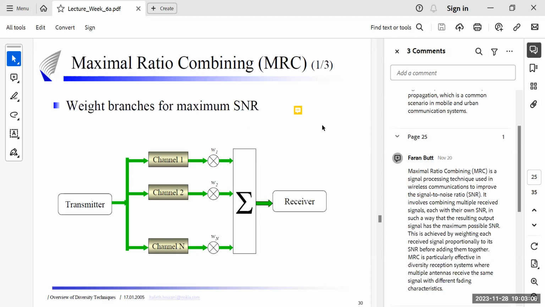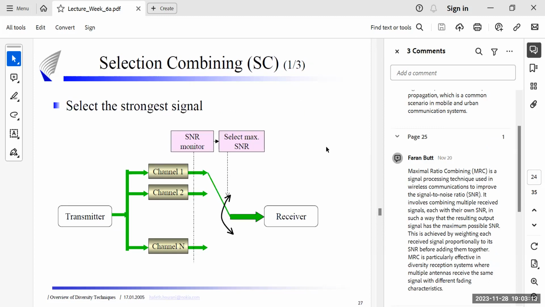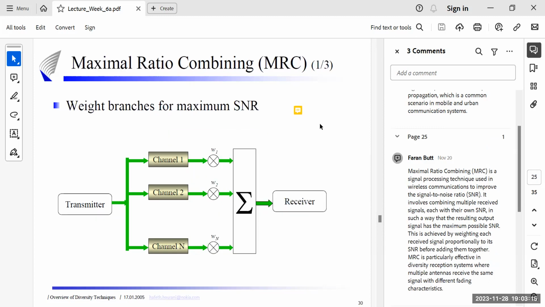The next type of technique that we're going to see is maximal ratio combining. This is significantly different from the selection combining technique. In this technique, you can see that we have a transmitter, we have a number of channels, and after each channel we have some weights associated with each channel.